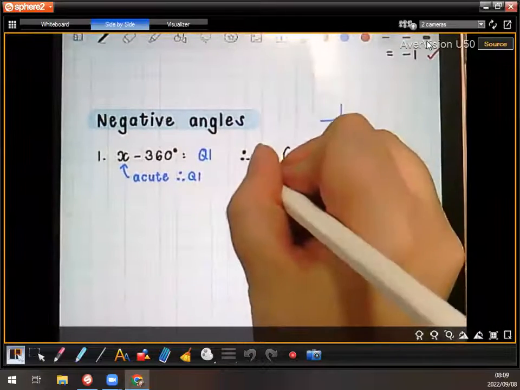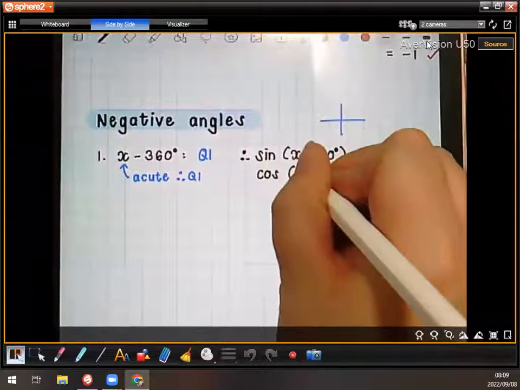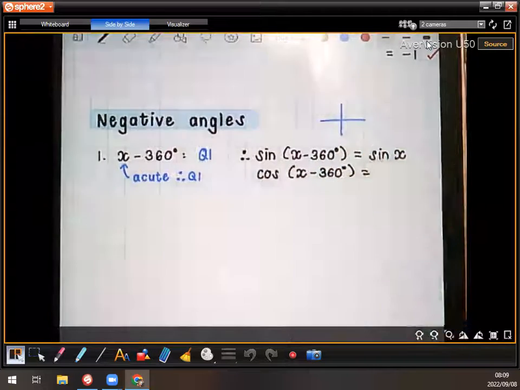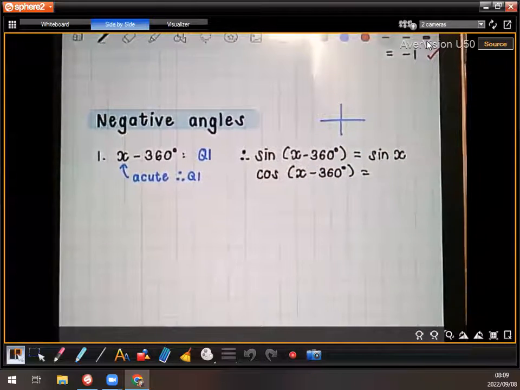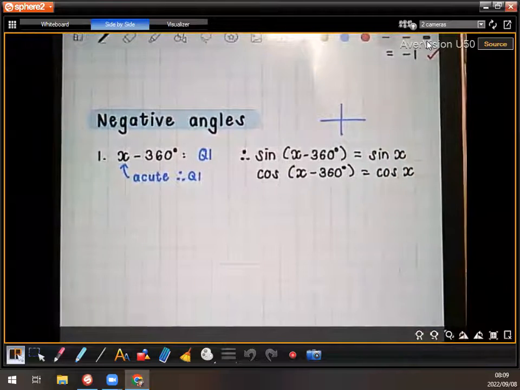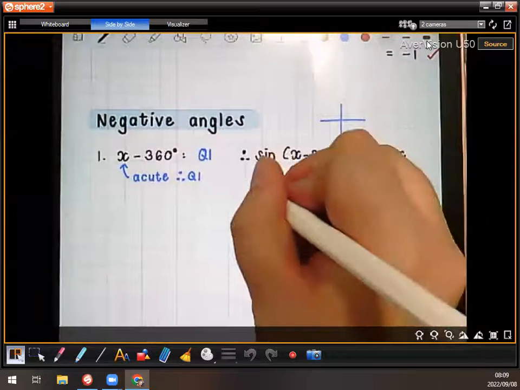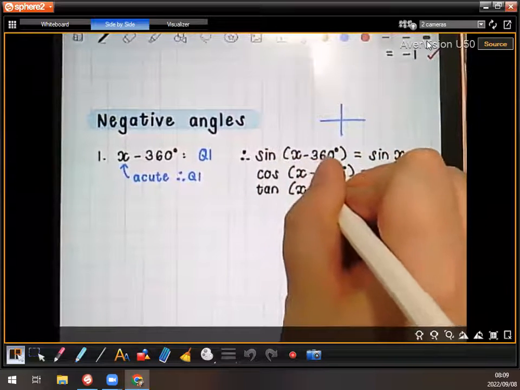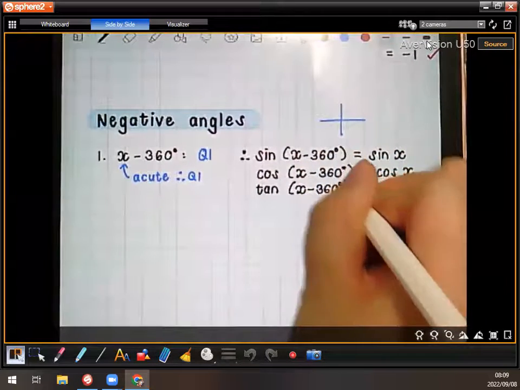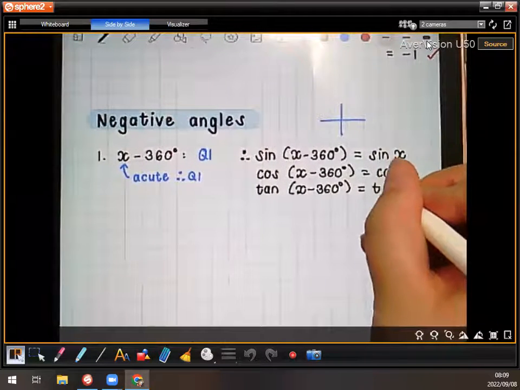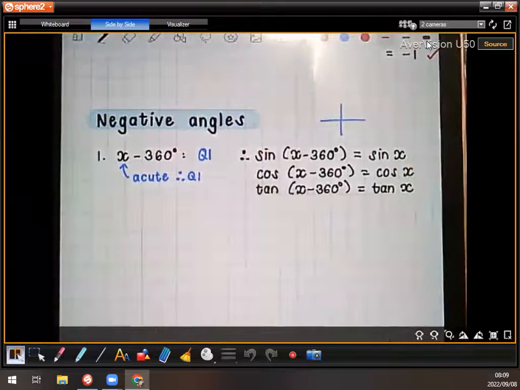If we have to find cos, we work with cos of x minus 360. What is cos in the first quadrant? Also positive, okay? So that's going to give you positive cos x. And the last one, tan of x minus 360. What is tan in the first quadrant? Positive, right? So positive tan x.